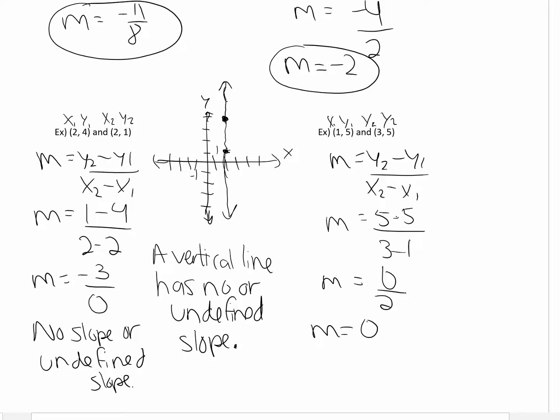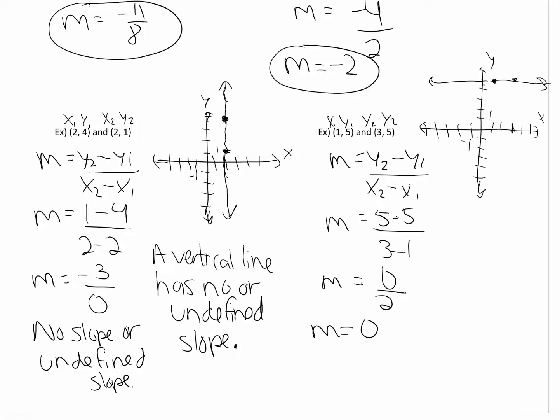So now, similar to the last example, I'm going to plot these two points to see what type of line I get. So notice here we have a horizontal line. So I'm going to write the following statement now. A horizontal line has zero slope. Understand the fact that zero slope and no slope are two completely different things. A zero slope will be a horizontal line. If you have no slope, then we know the graph is going to be a vertical line.